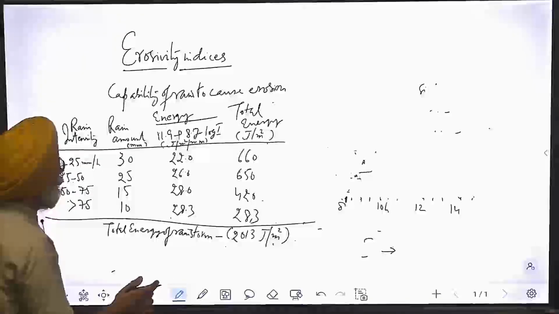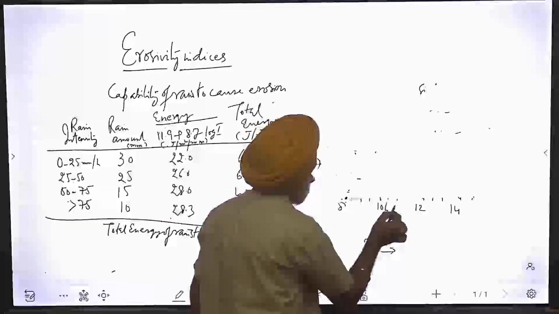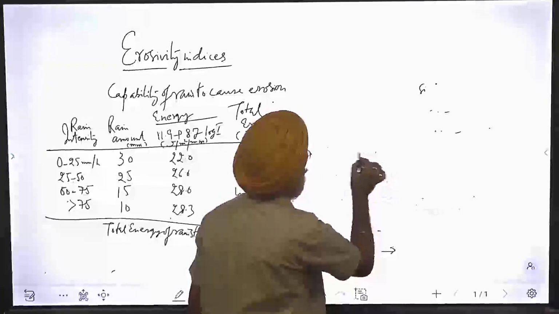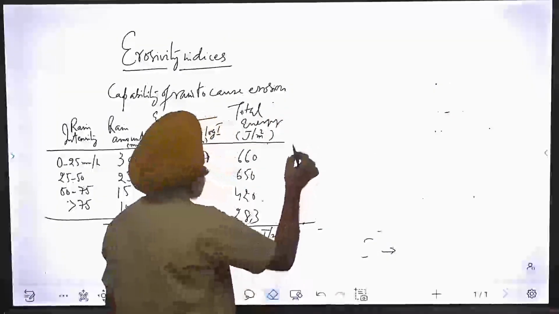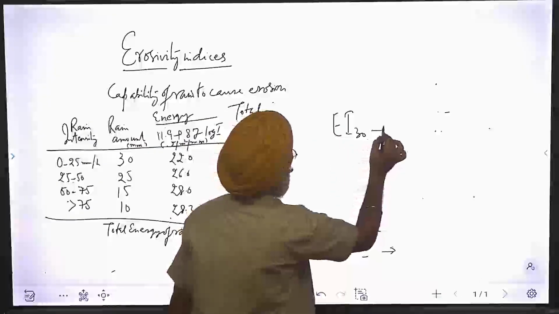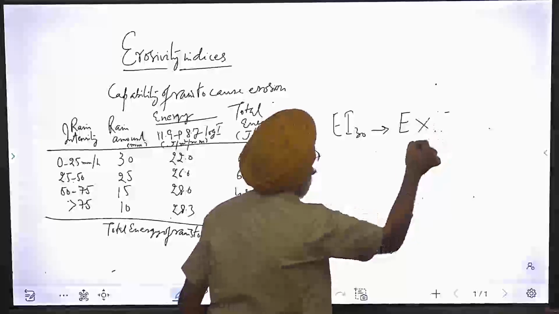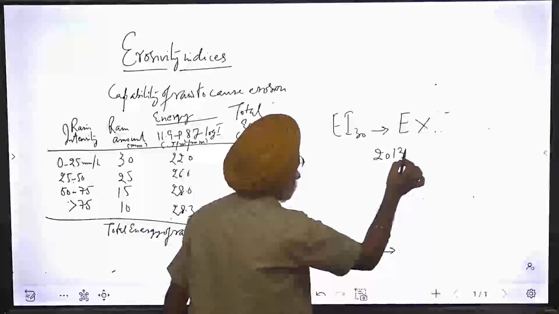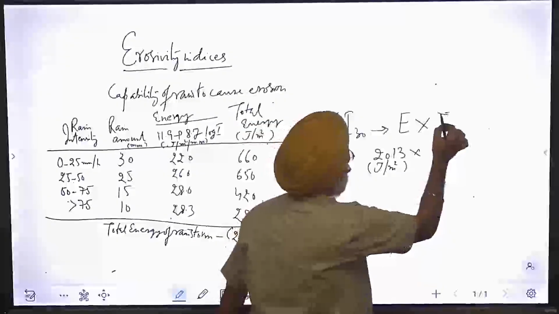Now, we have to calculate EI 30. So, EI 30 will be the total energy, which is 2013 joules per square meter, multiplied by I 30.